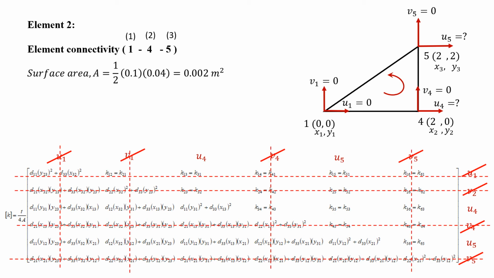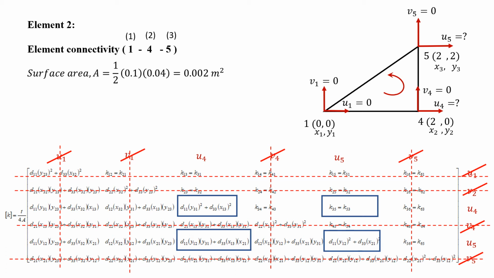After we eliminate all those unwanted rows and columns, again in element 2, there are also 4 terms left that we have to solve in order to obtain the reduced K matrix for element 2. Once again, we name the terms left in this matrix A, B, and C. Do not forget the term T over 4A that is located outside the K matrix in our calculation later on.